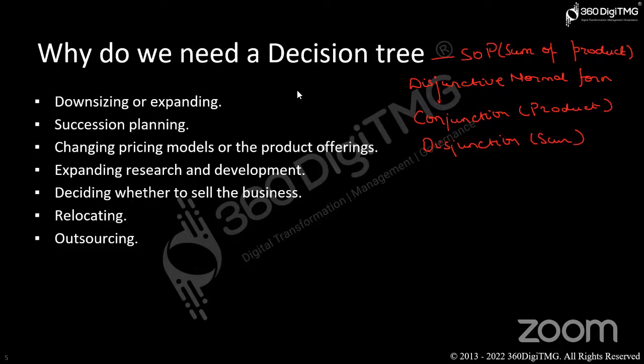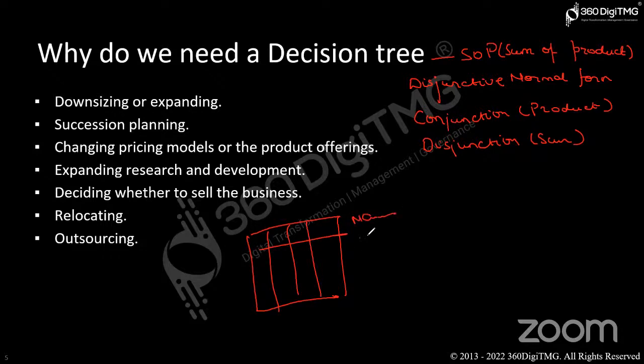The primary challenge in the decision tree implementation, guys, is to identify which attribute we need to consider as the root. Suppose you have a data set and you have various variables, say name, age, sex, gender, income.